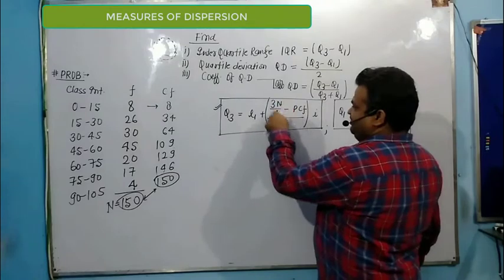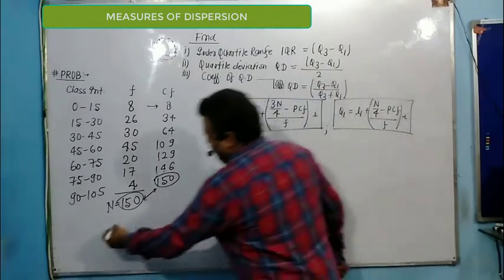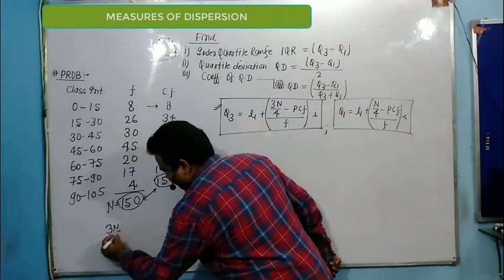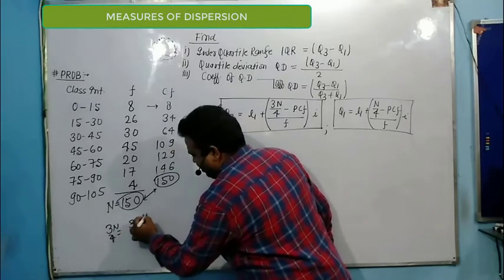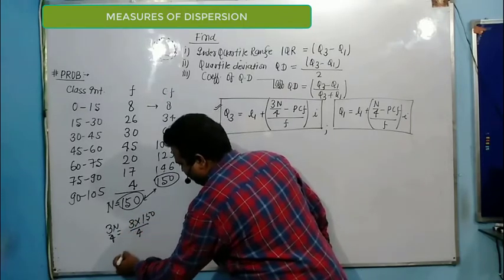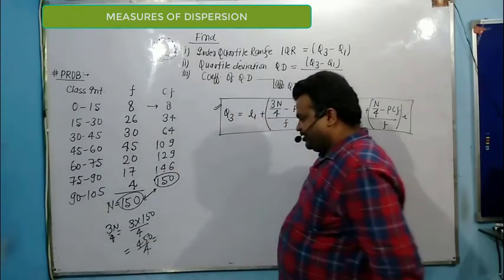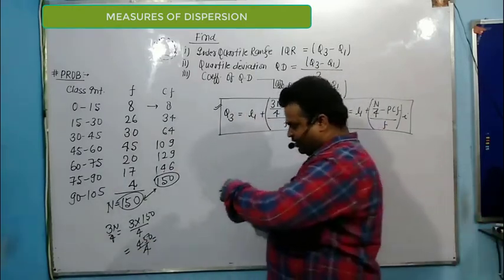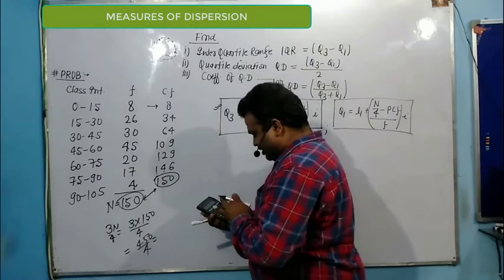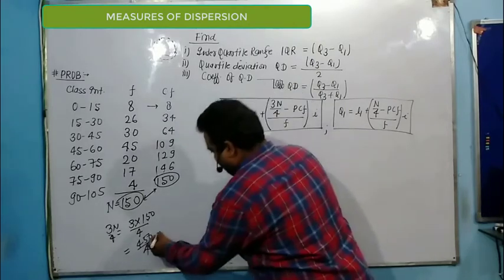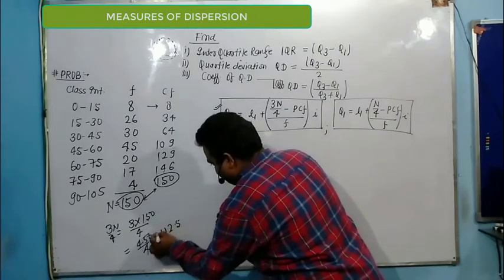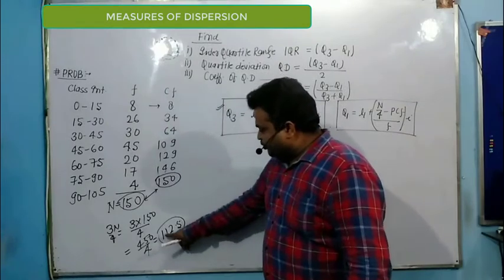So now my deciding parameter for Q3 is 3n by 4. First you calculate this: 3 into n value 150 divided by 4. So this is 450 divided by 4. If you calculate this value, you will get 112.5.